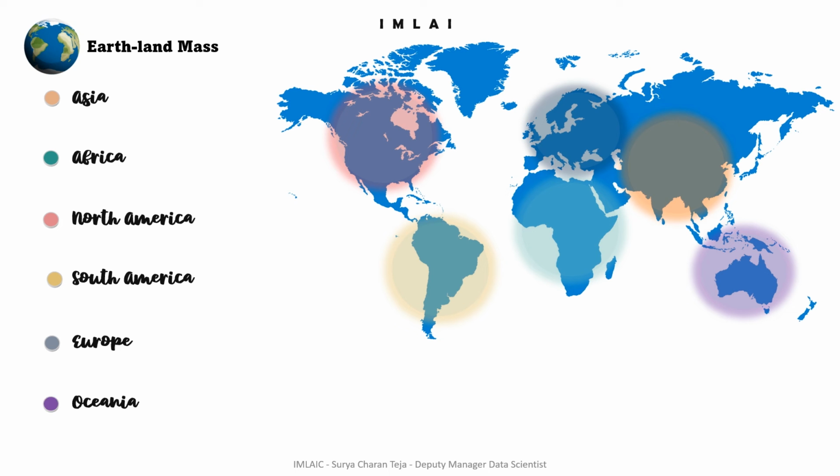Now continents are subdivided or subcategorized into countries. Asia consists of Hong Kong, Indonesia, Iran, Iraq, Israel, Japan, and my lovable nation, Bharat.